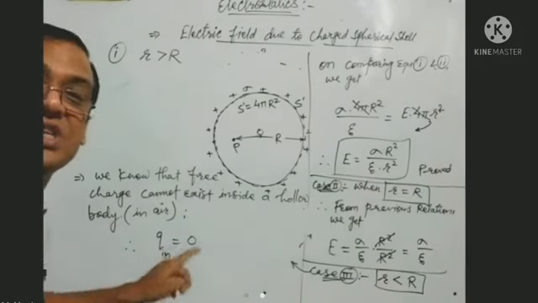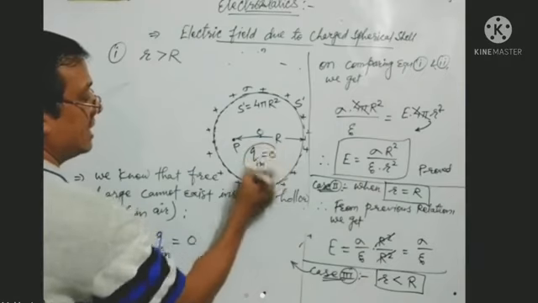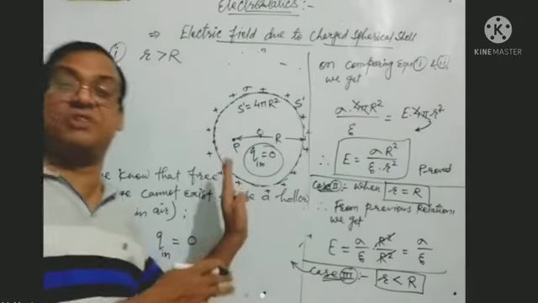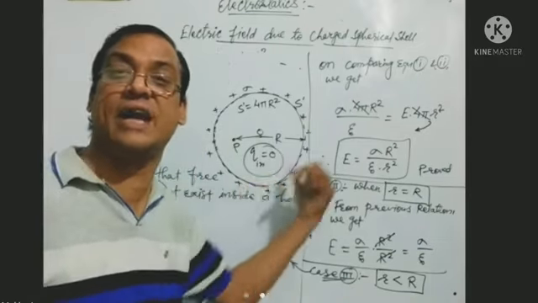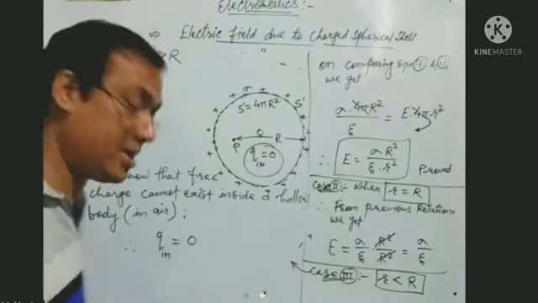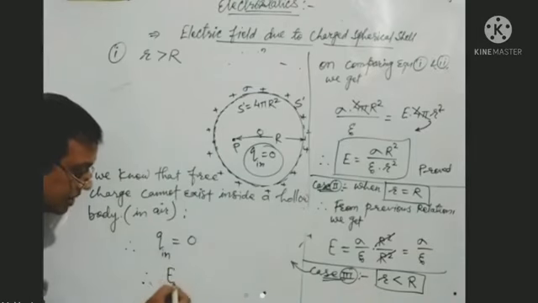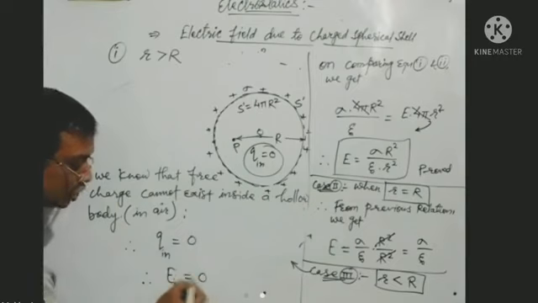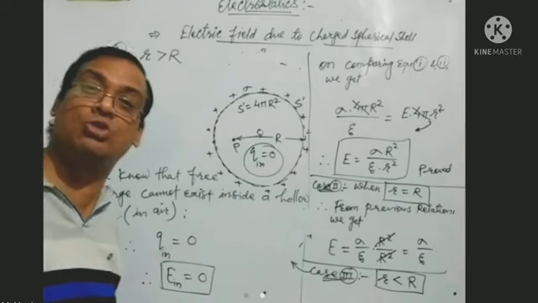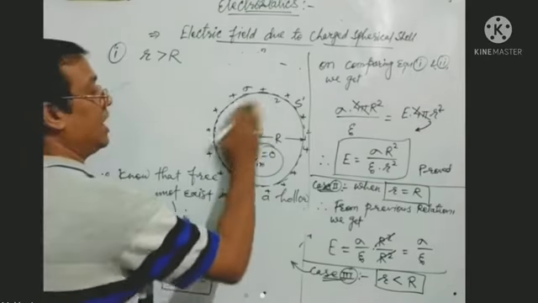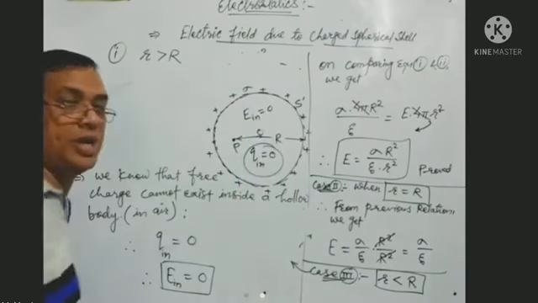If Q inside is 0, means there is no charge inside, because whatever charge is given to the body will come on the surface itself. That's why no charge will exist inside the hollow space anywhere. So the final result will be E inside is also 0. If there is no charge inside, then there is no field inside. So the electric field inside the hollow space would also be 0.